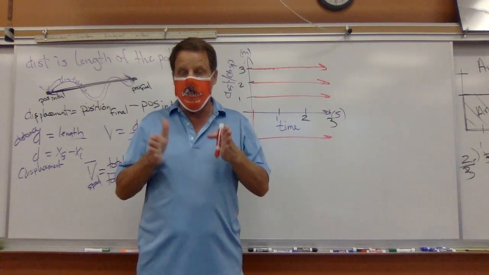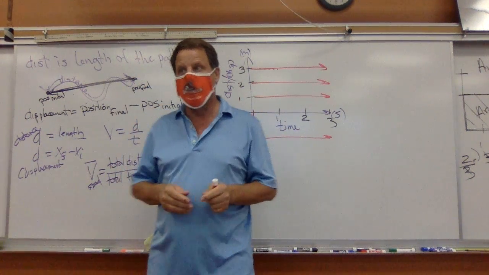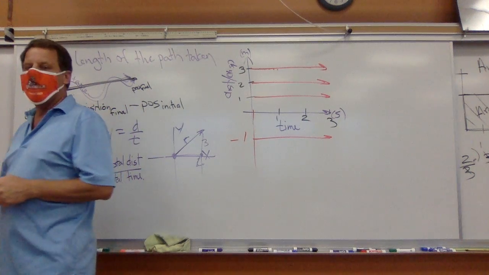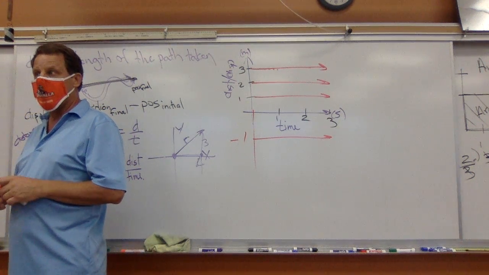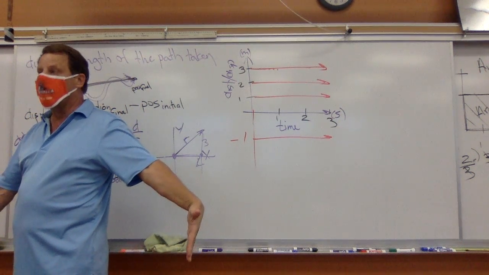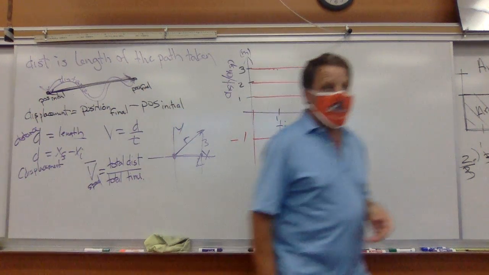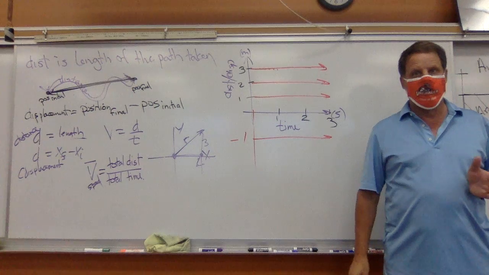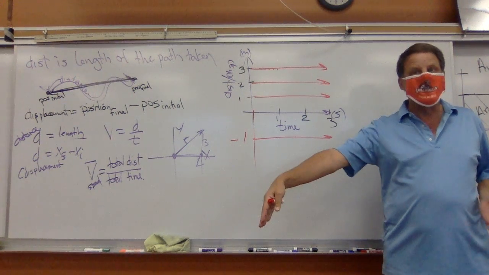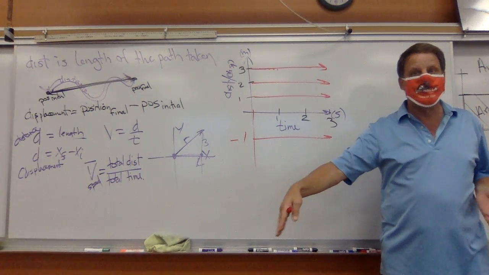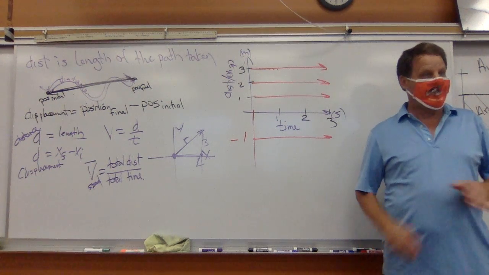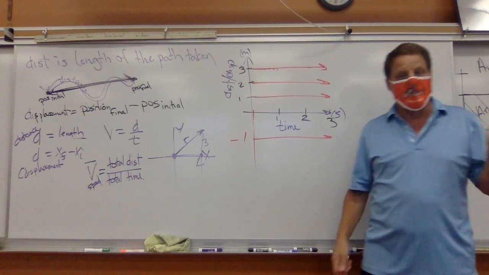You cannot have a negative distance. For example, if I'm starting here at 0, okay, and I go backwards 1 spot, I've still gone a distance of 1, right? If I'm back here at 0 and I go, we'll call it forward 1 meter, I've still gone a distance of 1, okay? We cannot have a negative distance.